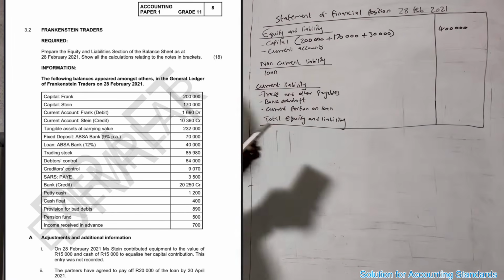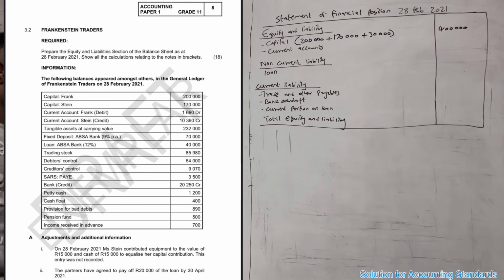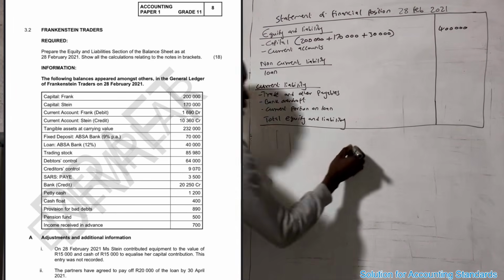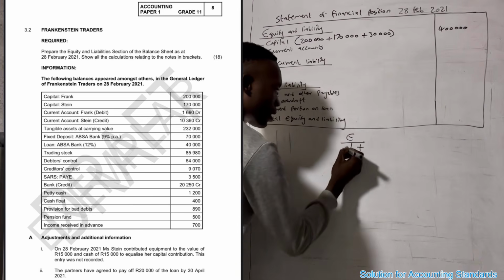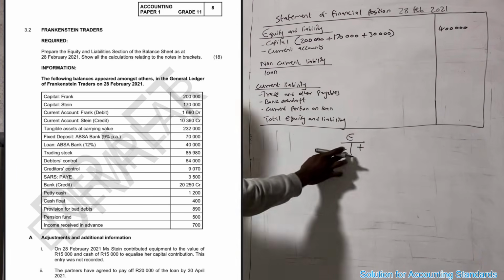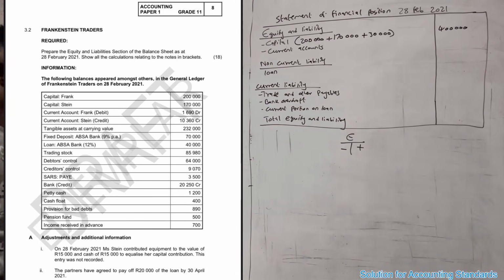Moving to the next one, current account, guys. Credit balance. Remember when we talk about equity, guys, it increases on the credit and decreases on this side, which means whatever is on the debit is negative.